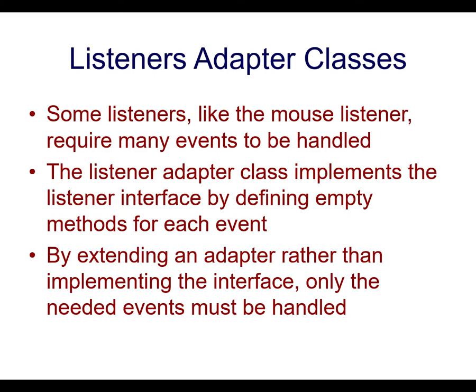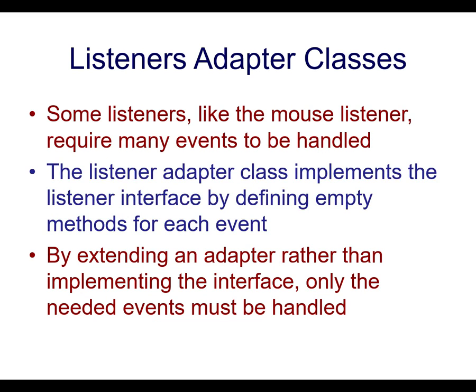Next, we discuss an adapter class for mouse events. Some listeners, like the MouseListener, require many events to be handled. In our previous example, that meant that we needed to implement four empty methods for the events that we didn't really want to respond to.